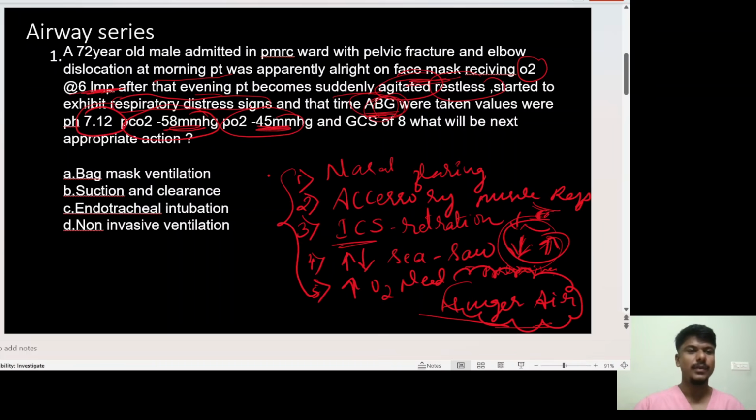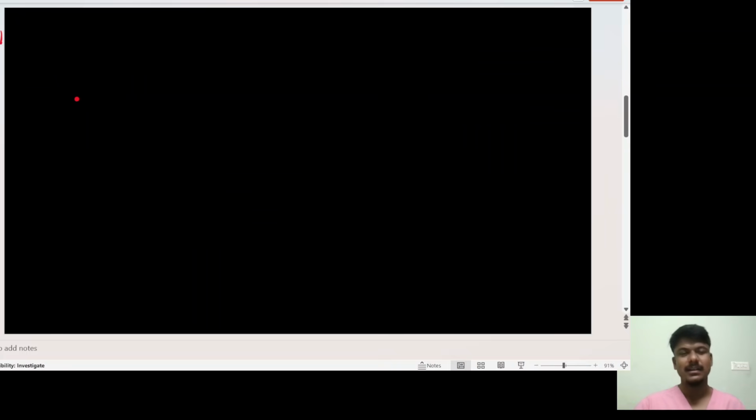ABG itself is a topic that will take at least 30 to 40 minutes of lectures, because it is a critical investigation done at critical time. Before you do anything for a patient, like changing the ventilator setting, proning the patient, planning for future ECMO, or shifting to CT, MRI, you'll do an ABG. So it's a point of care investigation.